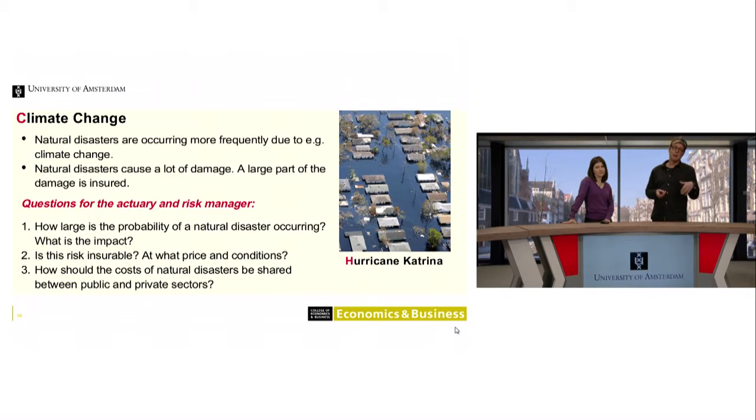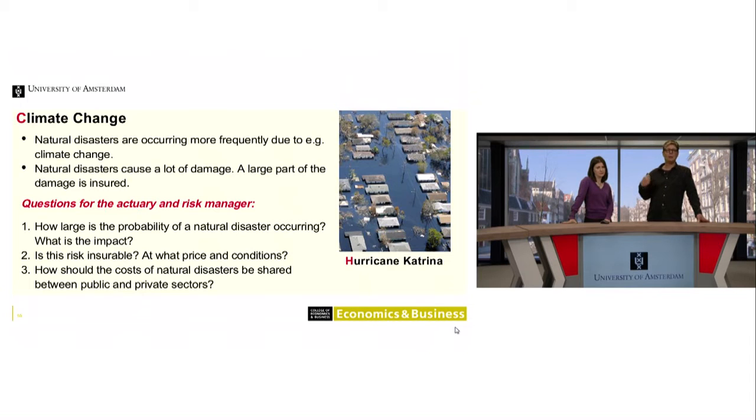And again, when it's an extreme event, what is the impact in financial terms? So you run a financial risk, and can you insure this? And if so, under what price and what conditions? And also, they are in the middle of a debate between the public and private sector, because you may see that actually the climate concerns us all.